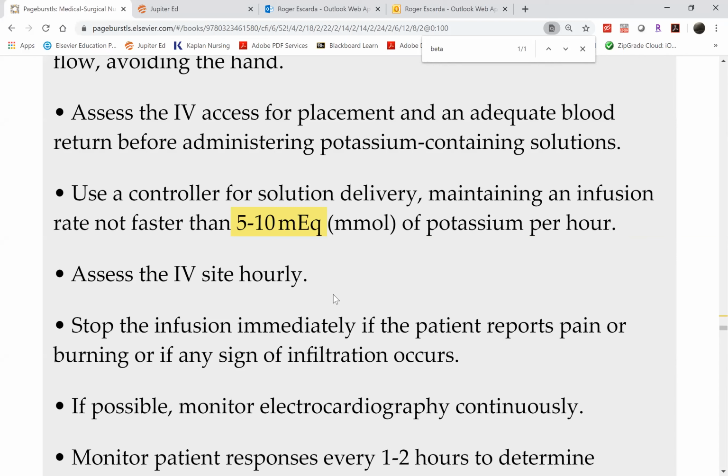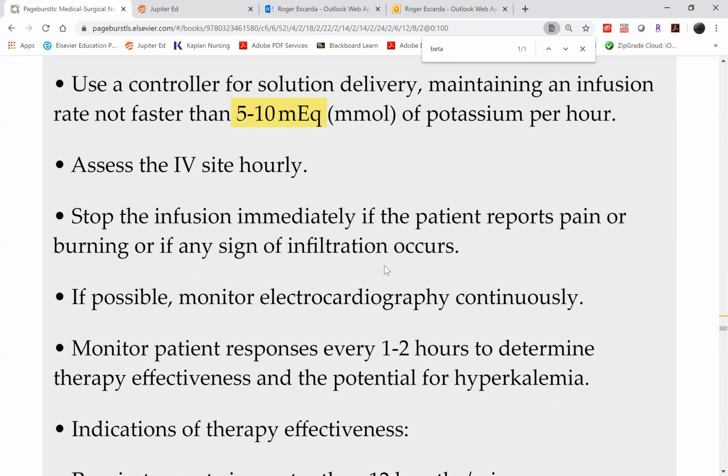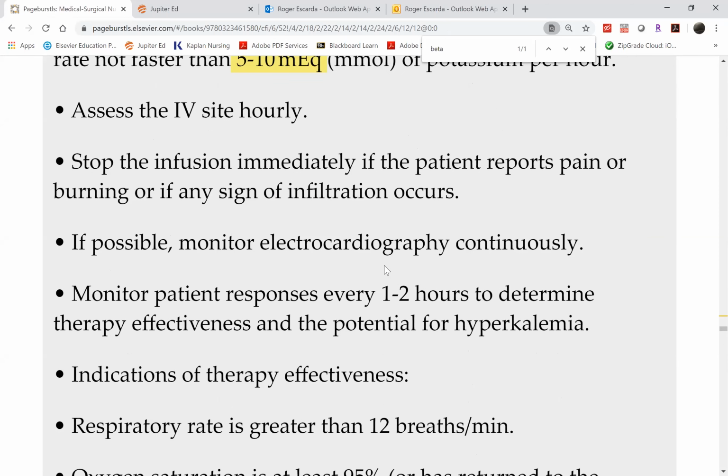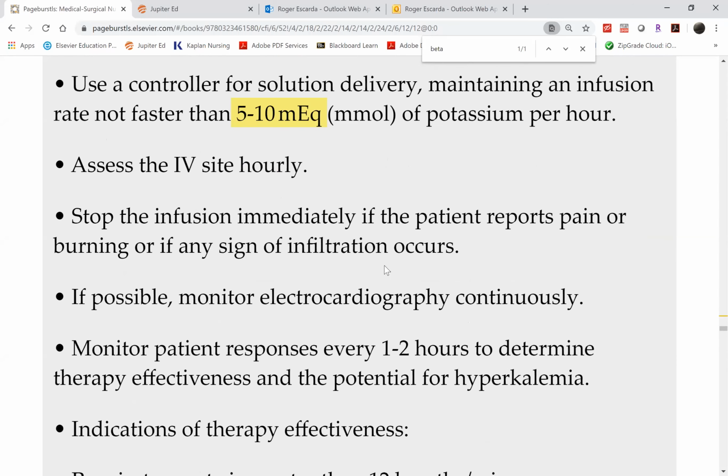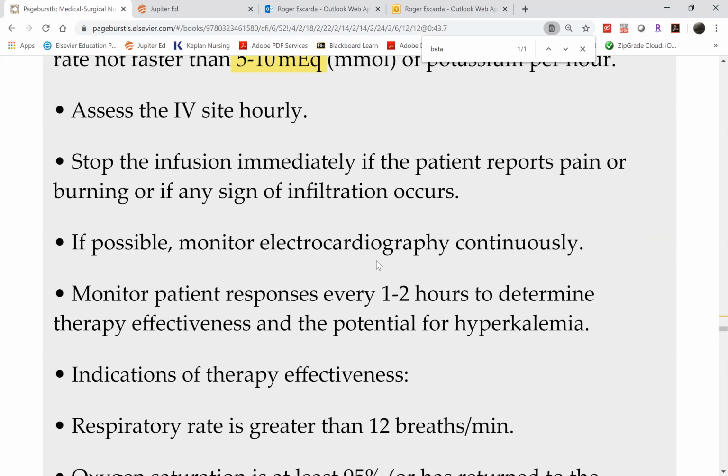So consider infiltration if the patient doesn't stop crying or yelling. It does burn pretty bad. For some of you who've seen it in the hospital infusion, you know what I mean, or if you've received potassium yourself intravenously. So here, stop it if you suspect infiltration. Again, you don't have to worry about that. The patient tells you, cusses at you because of the pain.